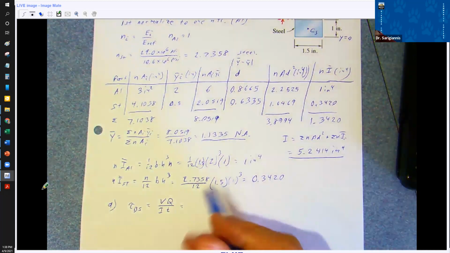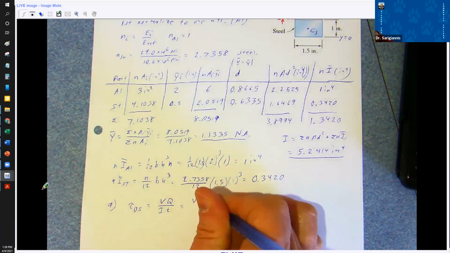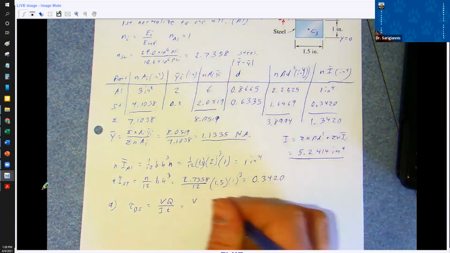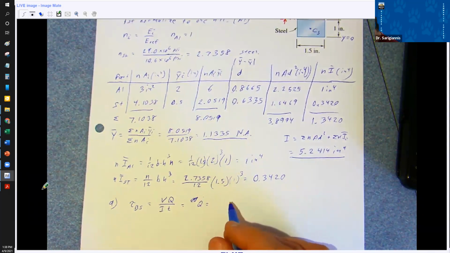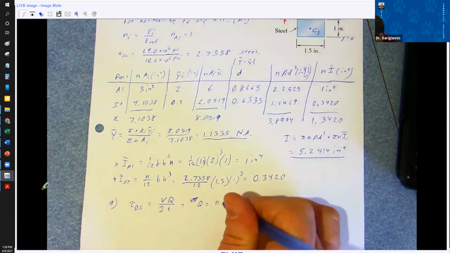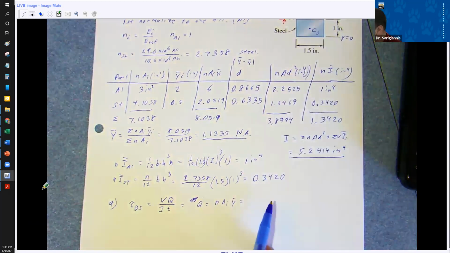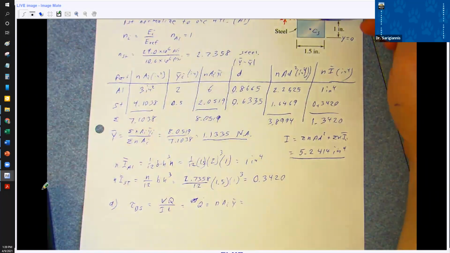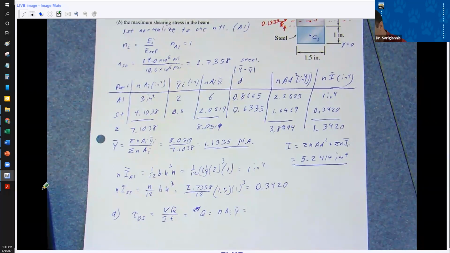Okay. Q is going to be the N A I times the y bar. We're looking at the top section here, but you can do it about the bottom section too. It should work out to the same number: 4.1038 times, what's the distance here? 0.6335. Yeah, the same number.